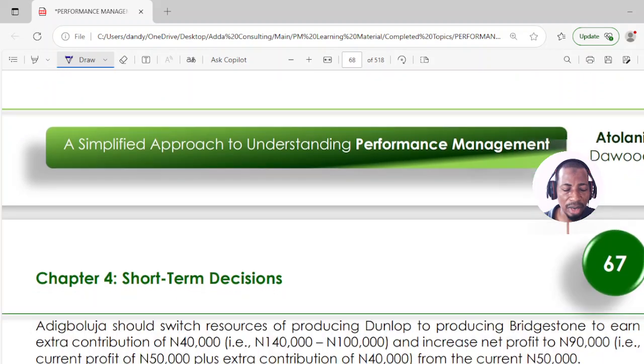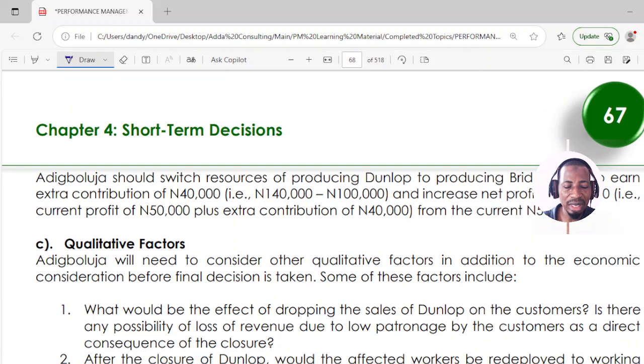Of course, our decision should be that Adigbolujá should switch resources from producing Dunlop to producing Bridgestone to earn extra contribution of 40,000 naira and increase the net profit to 90,000. That is the current profit of 50,000 plus the extra contribution of 40,000.